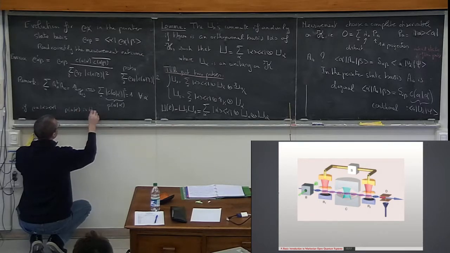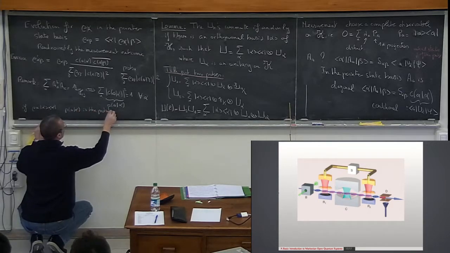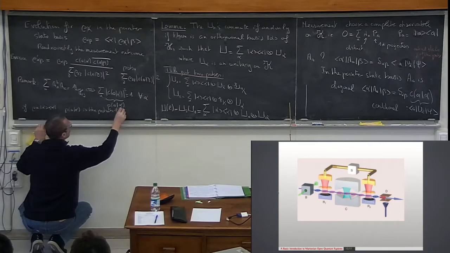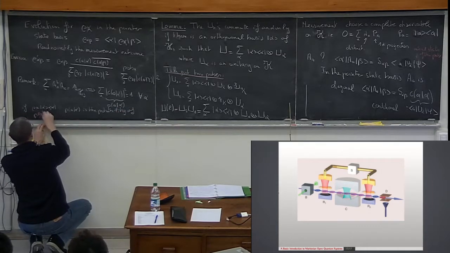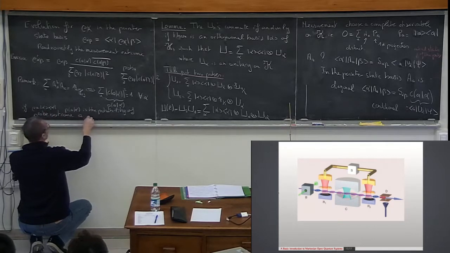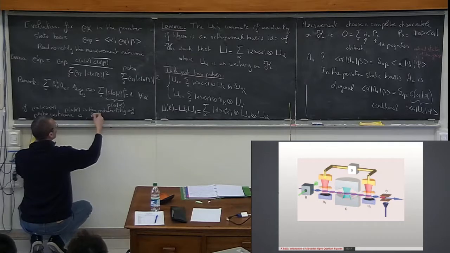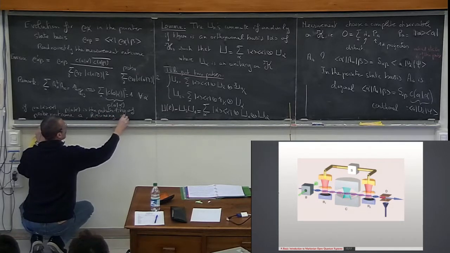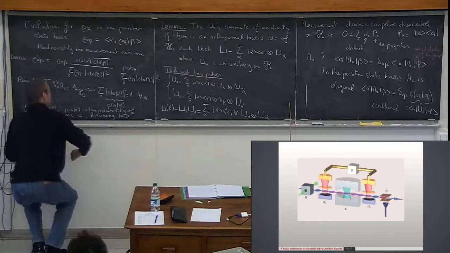is the probability of probe outcome A knowing that we are in alpha.